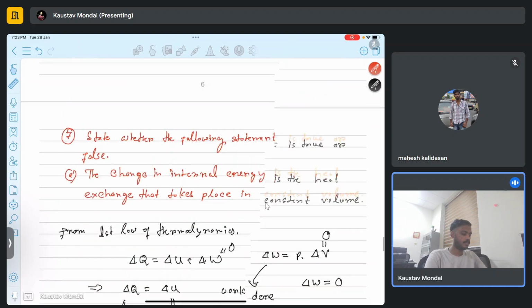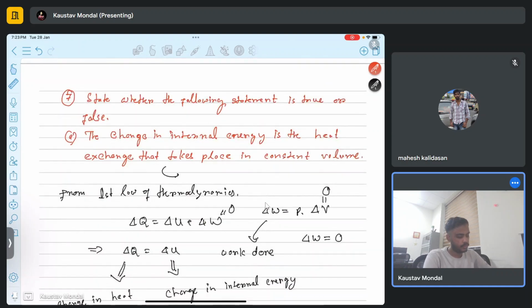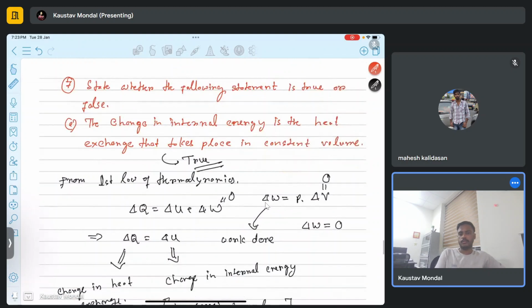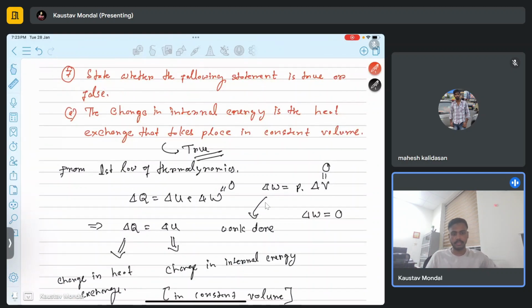So that means this statement is true. Okay, so this is very straightforward, from the first law of thermodynamics you can easily prove these things.